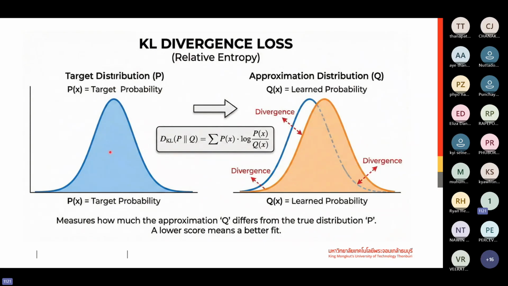You have P(x), the target probability that you want to compare, aka the latent representation distribution you already have trained in the model, and then you have the learned probability. You want to identify whether they diverge, which would mean they are different from one another.